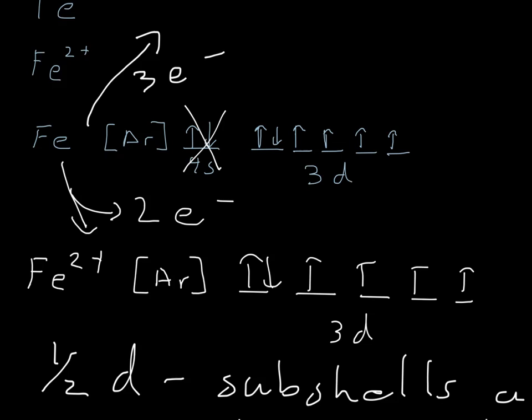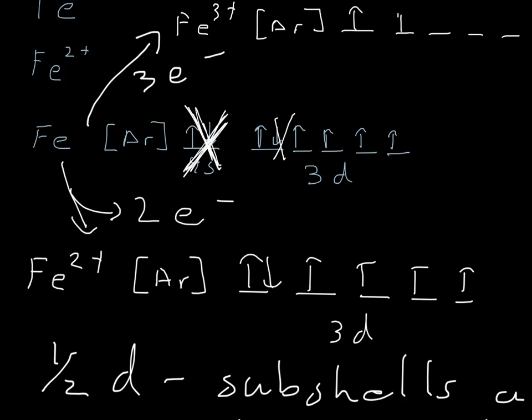So some atoms of iron will lose the 2 4s electrons so that it obeys the octet rule, and then they'll go the extra mile, and they'll kick out one of their 3d electrons so that it has a half-filled d subshell. And if it loses 3 electrons, then obviously it's going to have a 3+ charge, and its electron configuration would be argon 3d5.